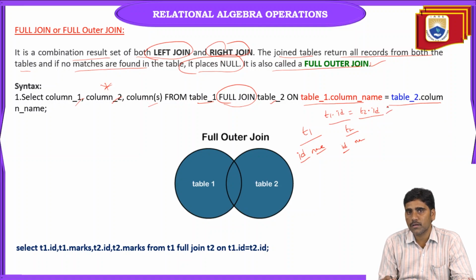So both columns are matched, and then the values will be displayed based on this condition of both table 1 and table 2.